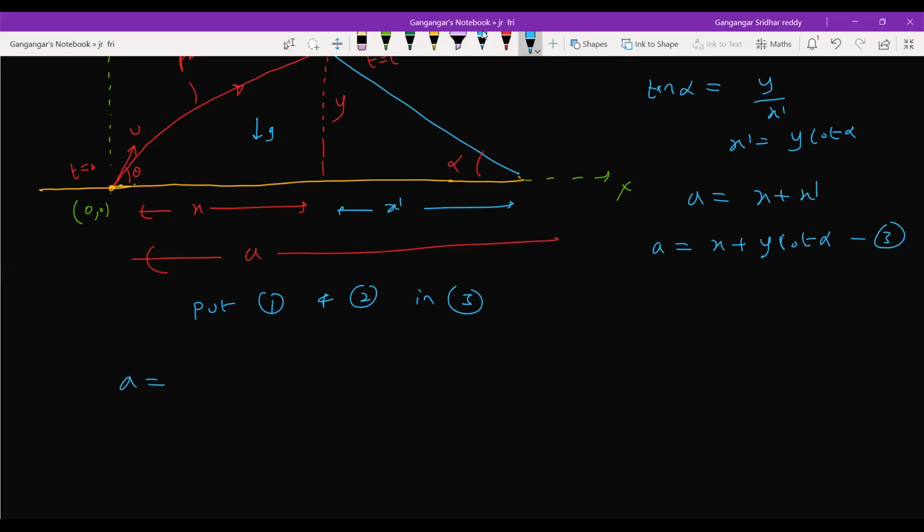A equals, what is x? x is equal to u cos theta t. Y is u sine theta t minus half g t square, into cot alpha.